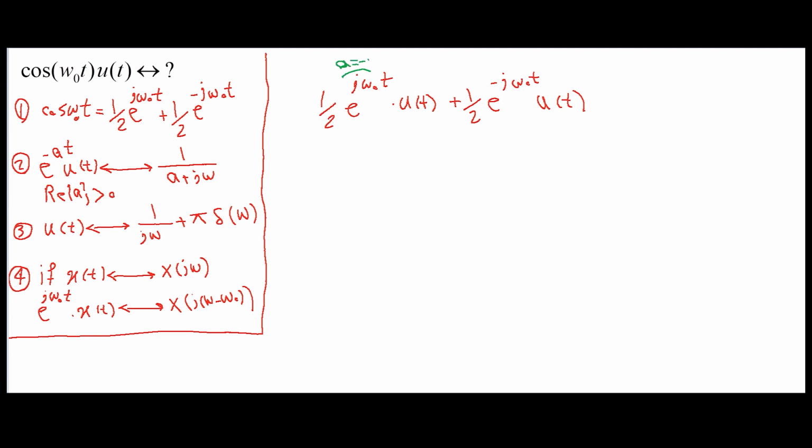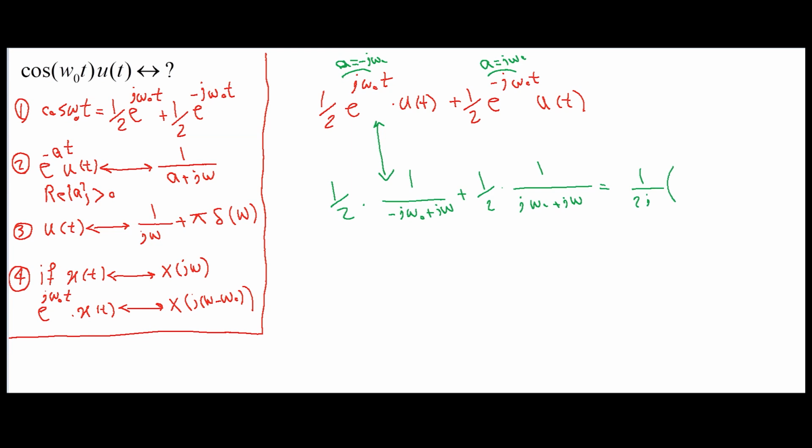They say in the first term a becomes minus j omega 0, and in the second term a becomes plus j omega 0. Then they claim that the Fourier transform of the first signal is 1 divided by minus j omega 0 plus j omega, and the Fourier transform of the second signal is 1 divided by plus j omega 0 plus j omega.